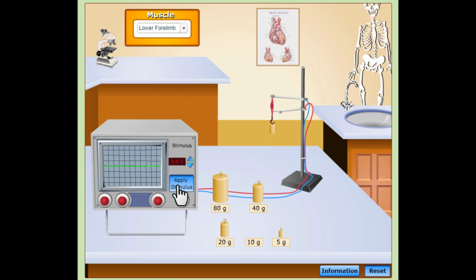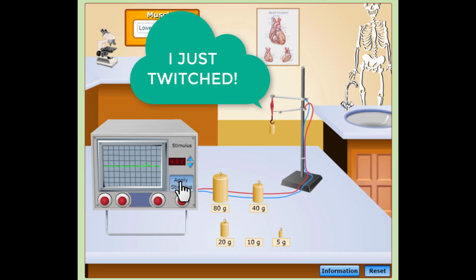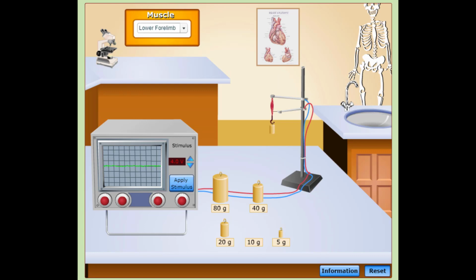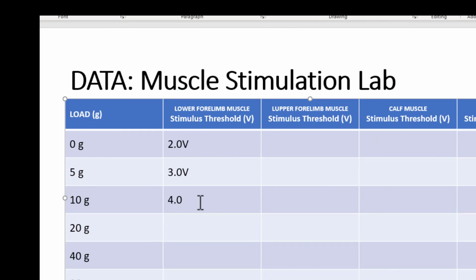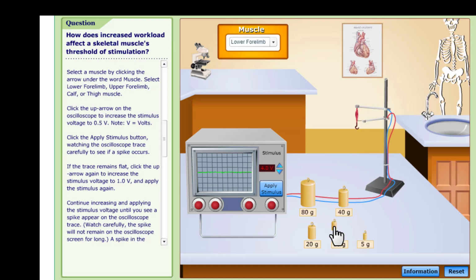We continue increasing our stimulus voltage until we find the minimum stimulus required to elicit the muscle twitch. We find that the threshold stimulus for a muscle with the 10-gram force is 4.0 volts. Let's try our 20-gram weight.